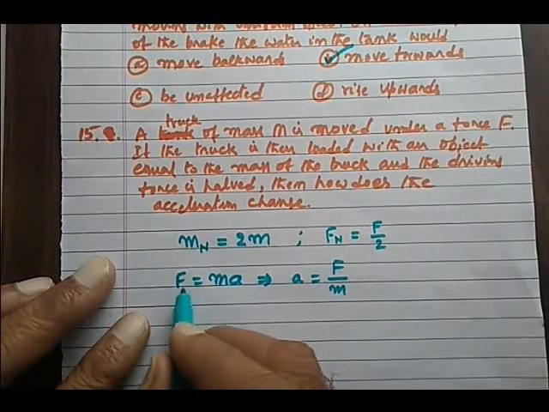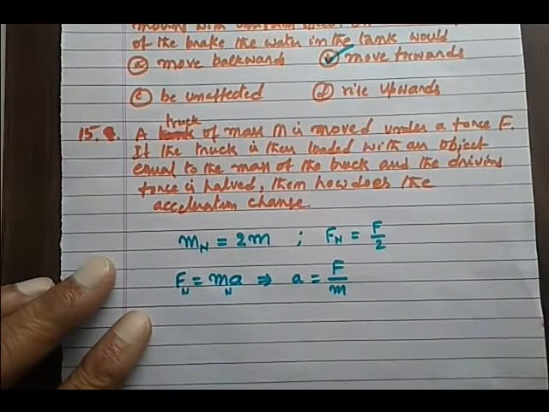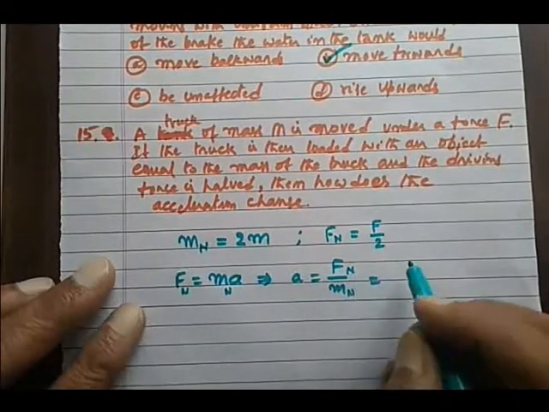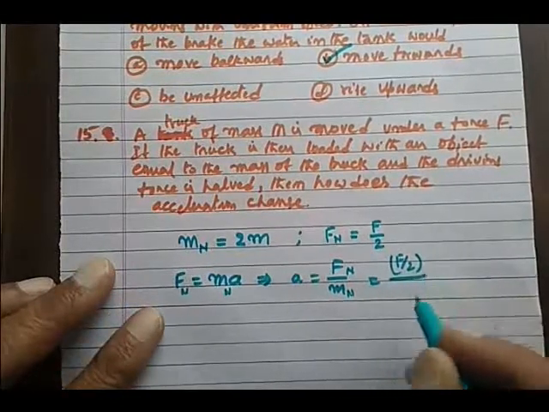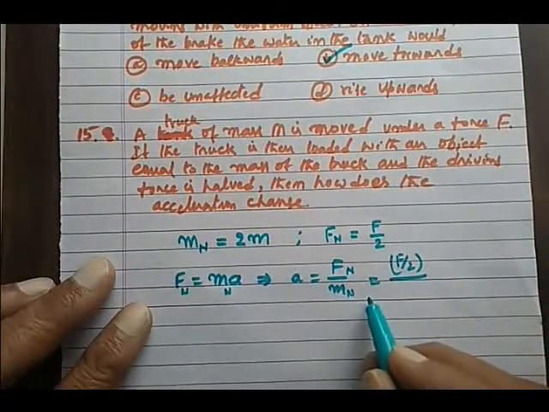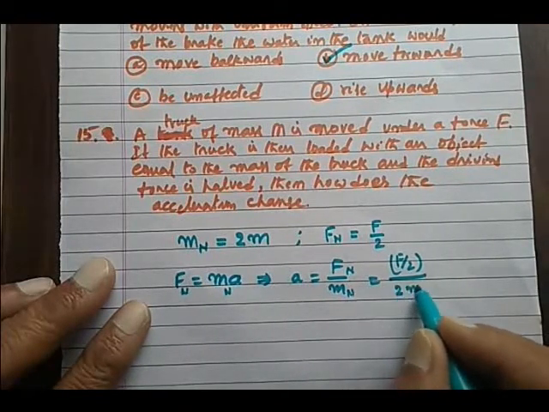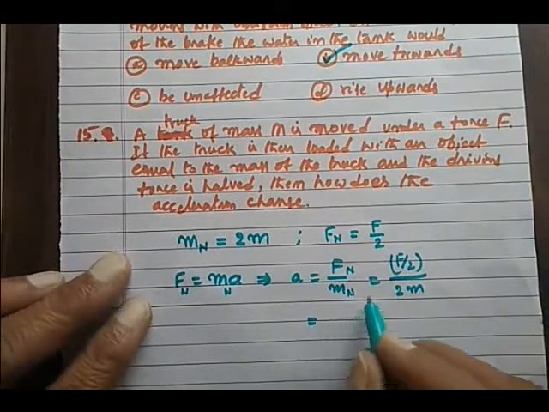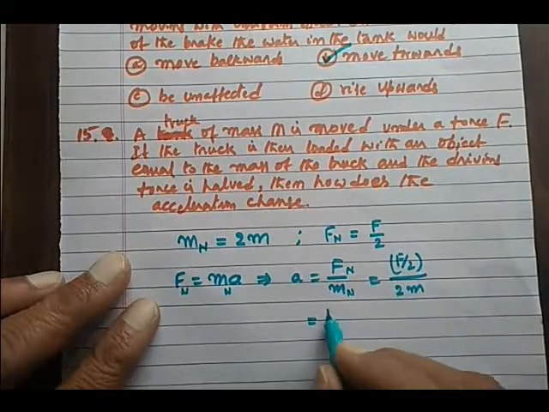So here everything I will take, means this force and mass I have to take new. So this is new A. So force it has become half and mass has become twice. So now we simplify this.